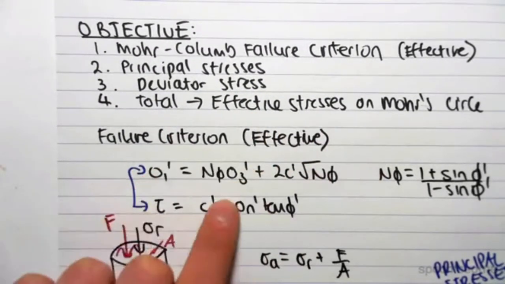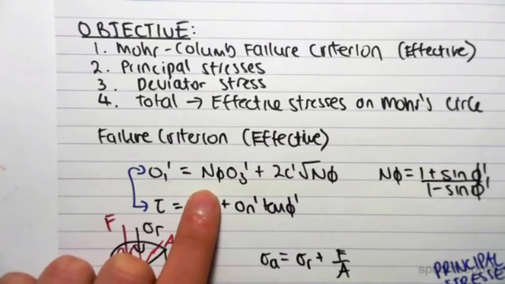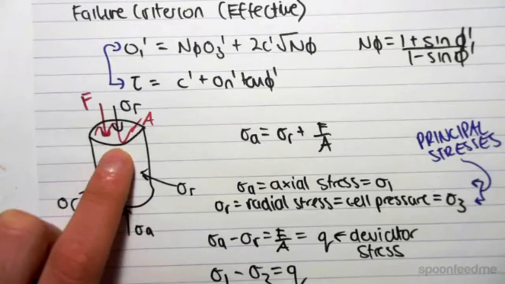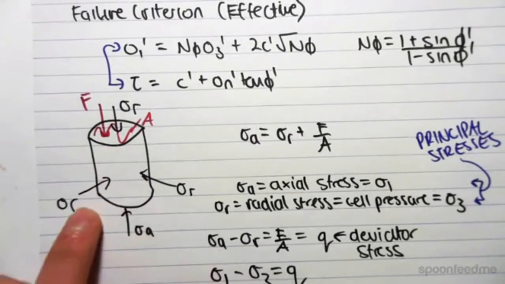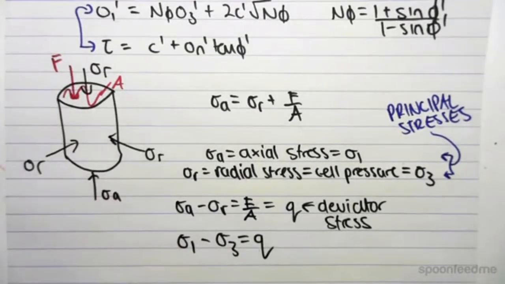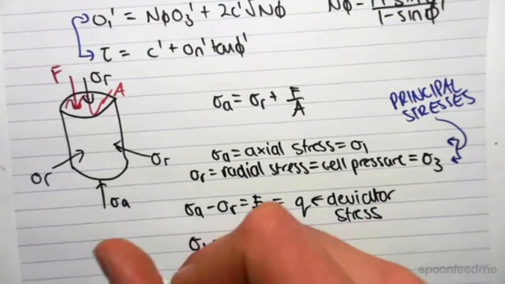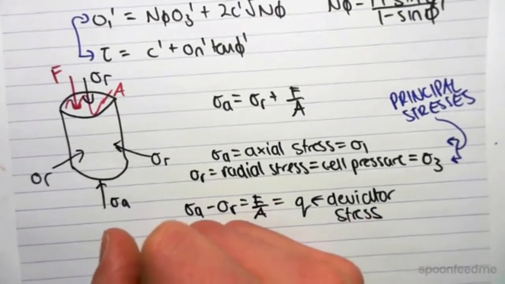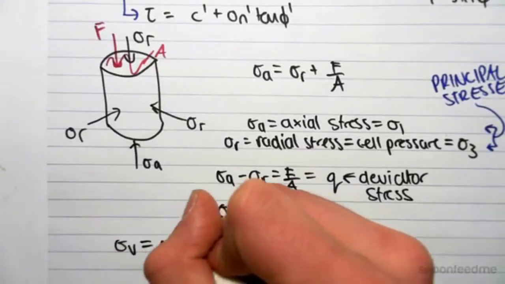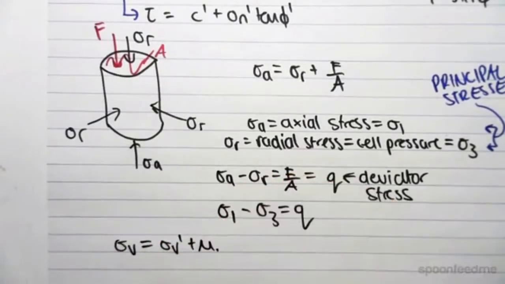So as you can see, our failure criterion is in terms of effective stress, but the stresses subjected on our soil sample are in total stress. Sigma R and sigma A are total stresses. We saw before that the total stress equals the effective stress plus the pore water pressure.